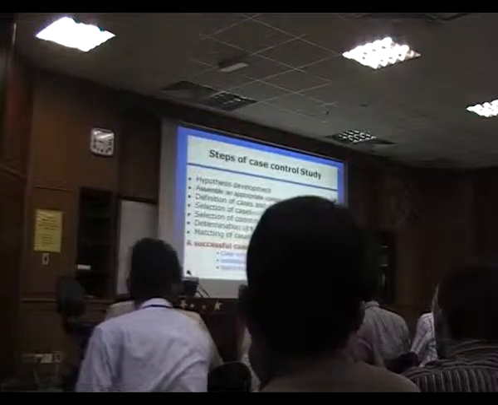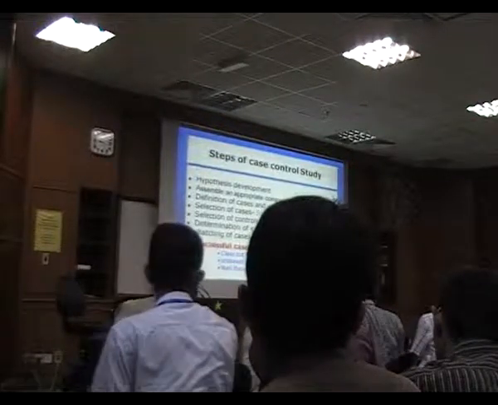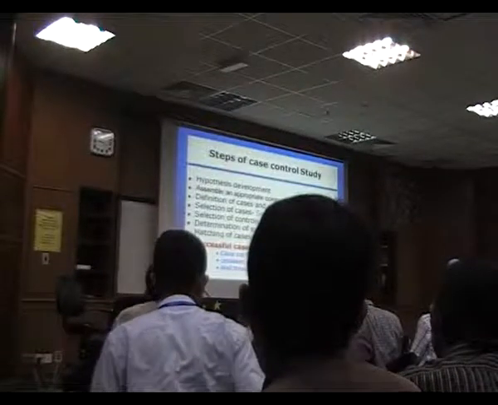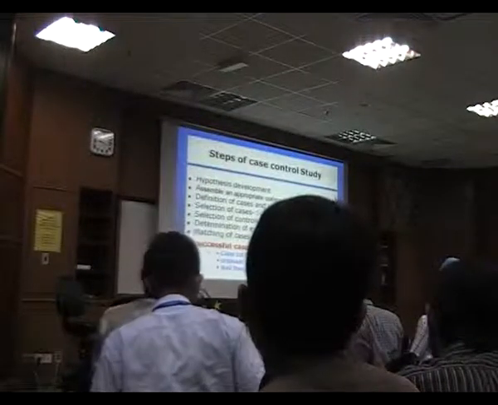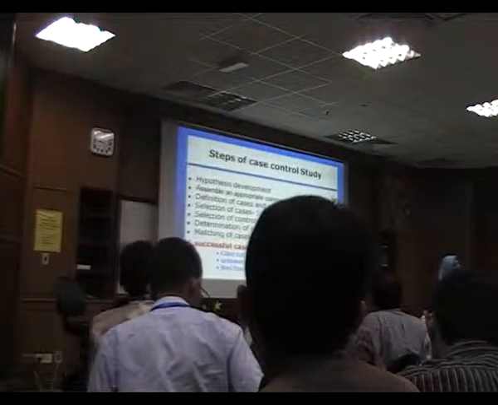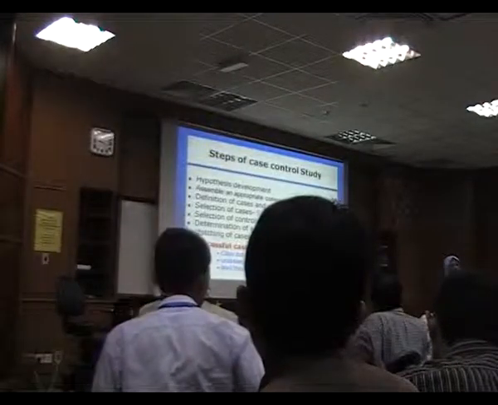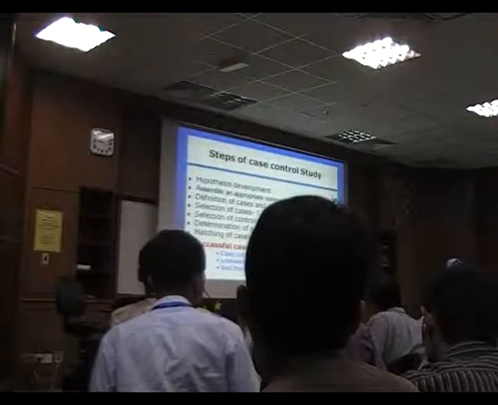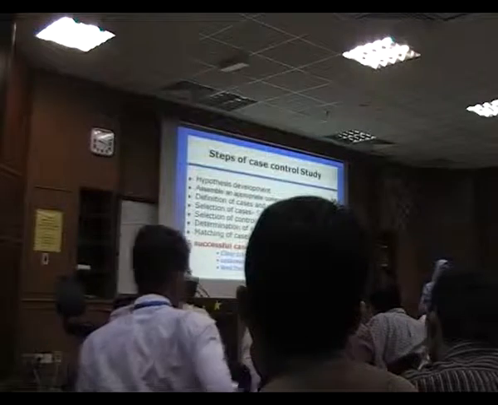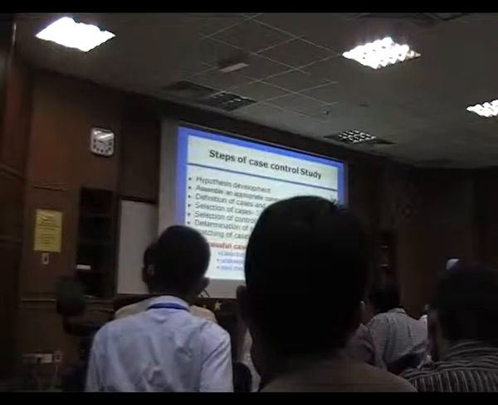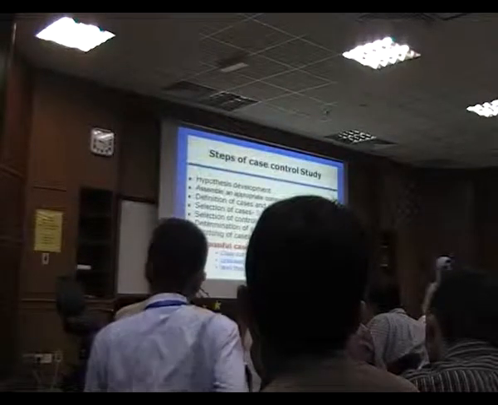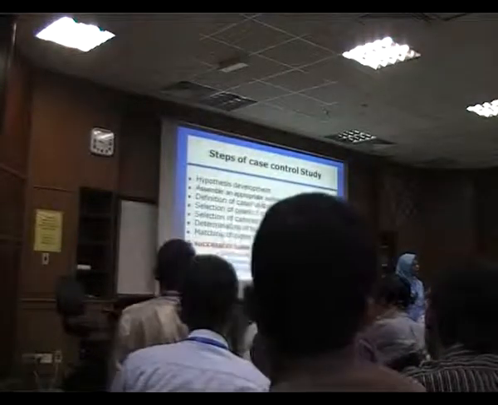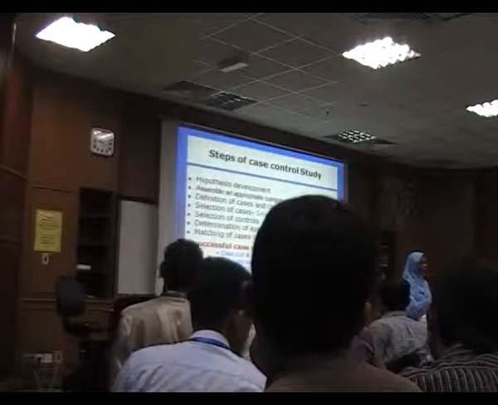For instance, smoking may cause lung cancer. May. There is probability. You are not sure. And this is generated by the cross-sectional study. And now you want to test. Okay, then I have to select some patients with lung cancer and patients without lung cancer. Then I have to go back, inquire backward, and look at how many are smokers in each group. Then I have to compare.